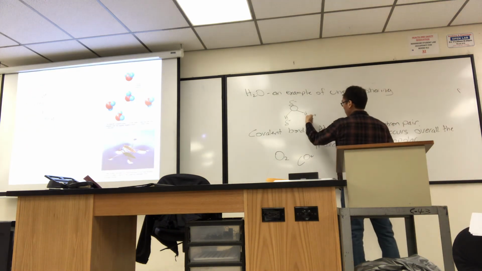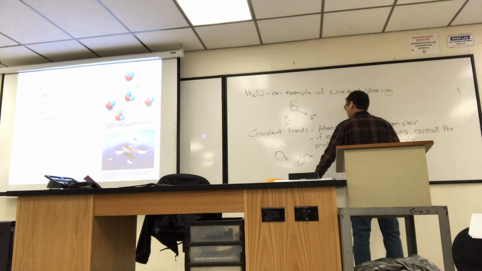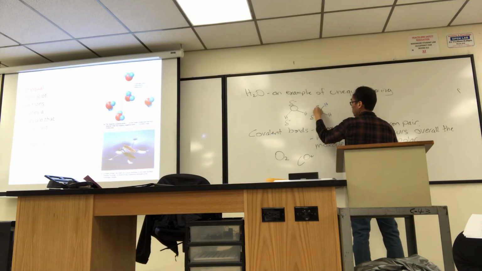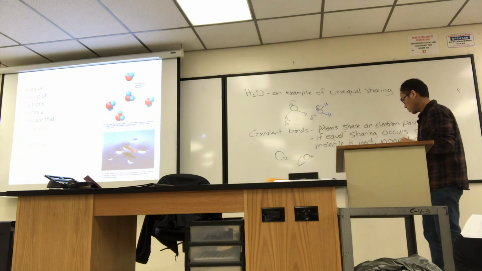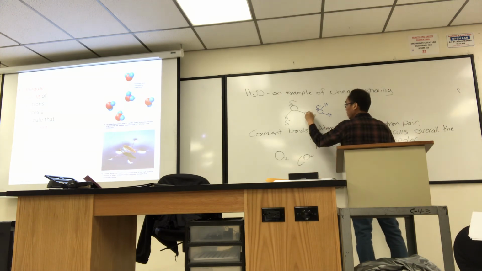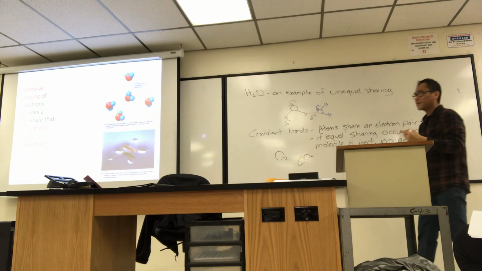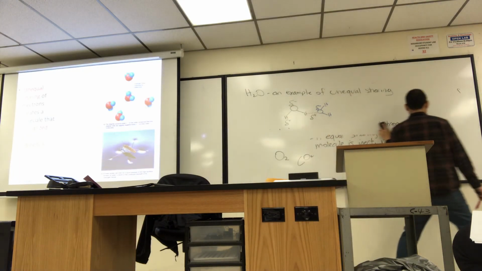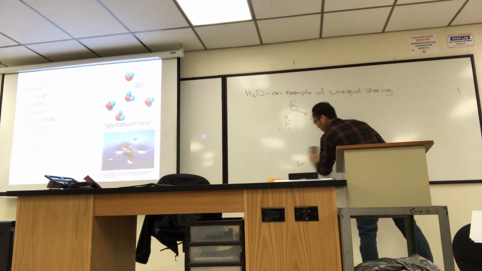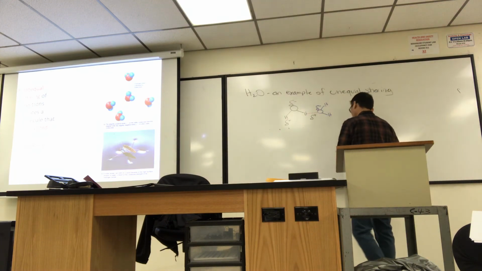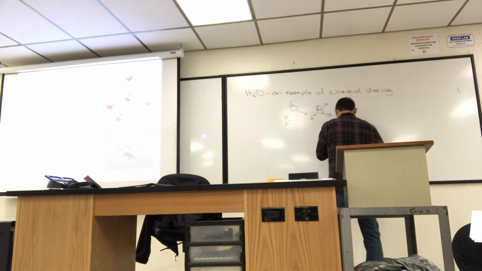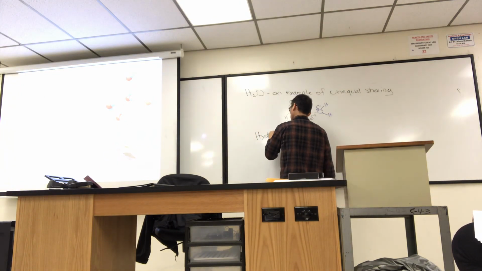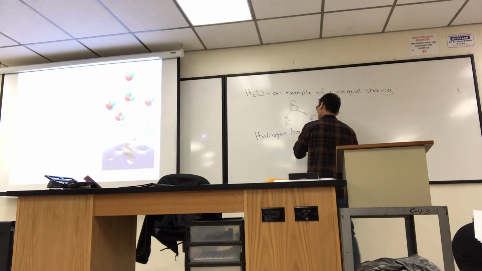For example, this partial positive charge on this water molecule would be weakly attracted to the partial negative charge of a neighboring water molecule, and you symbolize the hydrogen bond with a dotted line like they do in the picture. Hydrogen bonding.